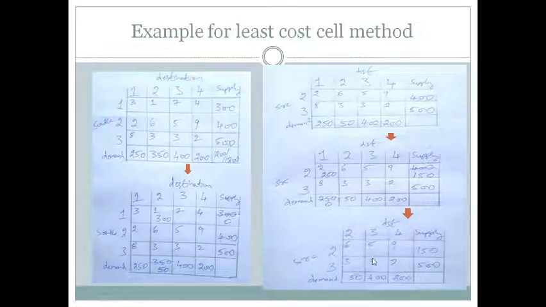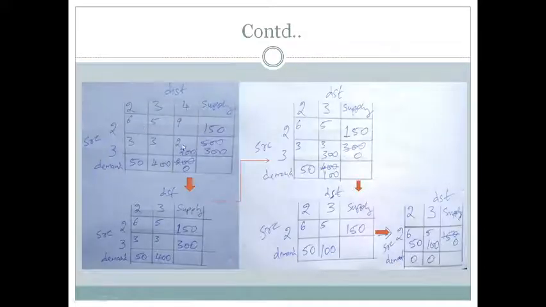Again the same procedure. Now obviously the other 2 is what I am going to pick as the least cost cell. And I compare with the supply and demand values. The demand value 200 is the minimum here, put that as x into this least cost cell and subtract that value from supply and demand.